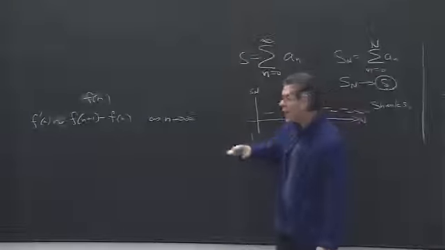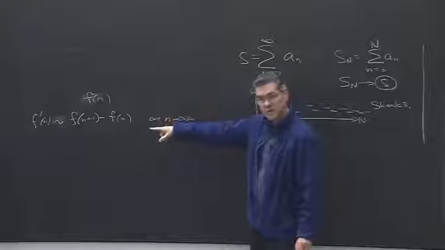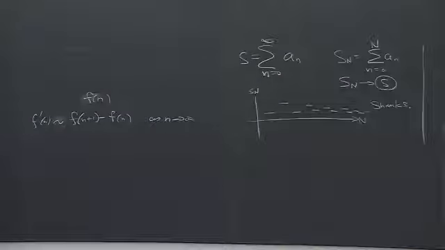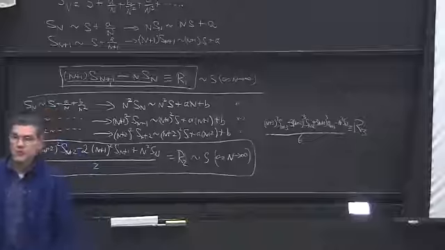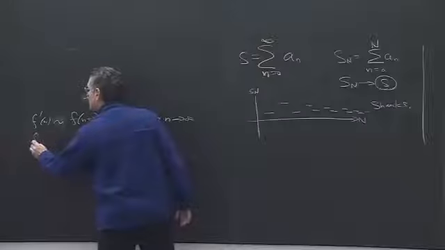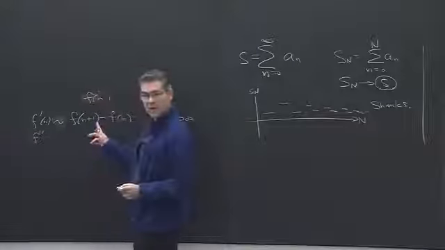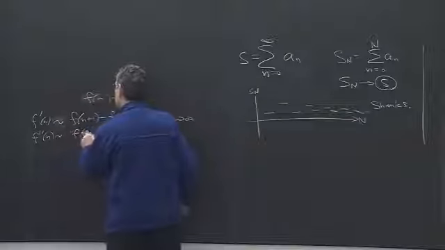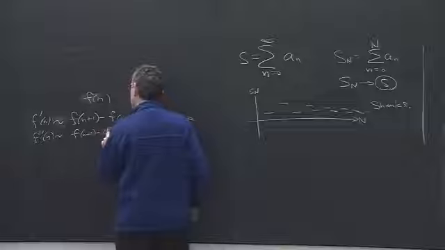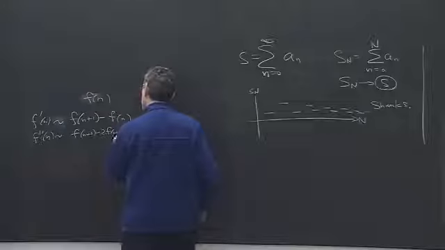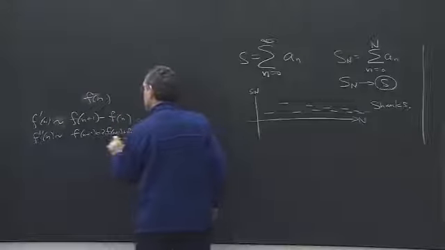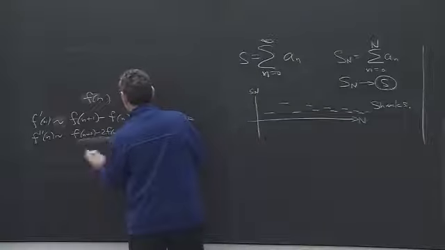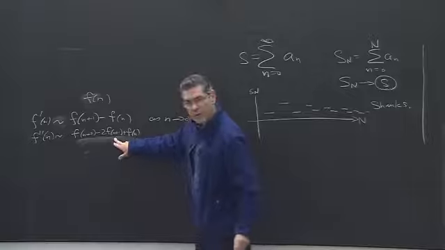Okay? If you have a reasonably smooth function of n, which we do because these functions of n are just polynomials, so they're smooth functions. If you want to calculate the discrete equivalent of the second derivative, that would be f of n plus 2 minus 2f of n plus 1 plus f of n. Okay, so that's the second derivative.